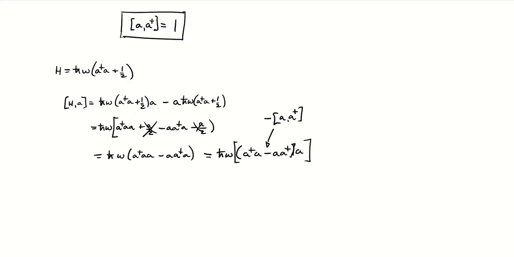This is actually the commutation of A dagger with A, not A with A dagger. So this means that the commutator between the Hamiltonian and the lowering operator is negative h bar omega times A. So we have that commutation relation.